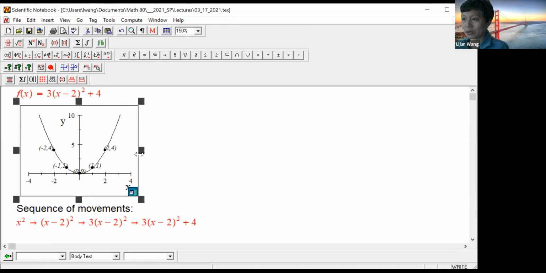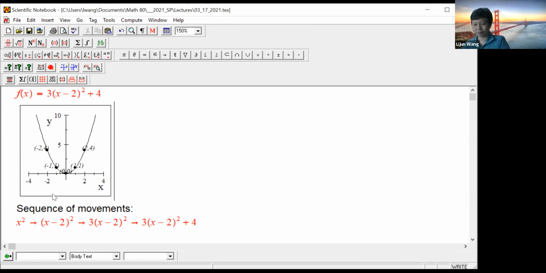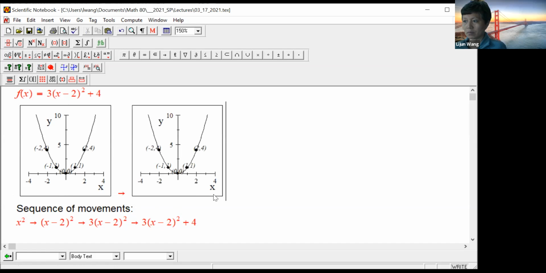So let's see how we move this about. X squared is shifted from x squared to x minus 2 squared. How is this shifted?